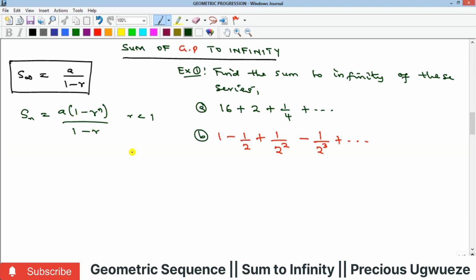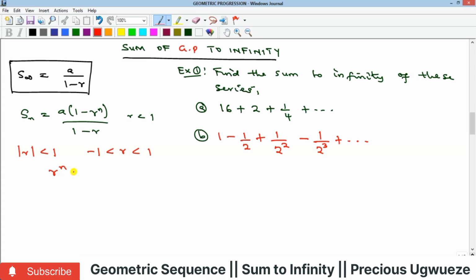So we're saying, assuming you have a situation where the absolute value of R is less than 1, that means minus 1 is less than R, and then R is less than 1. If you have a situation like this, that means your common ratio is in between these two numbers. The implication is that if you take R to any power, it will still be less than 1.